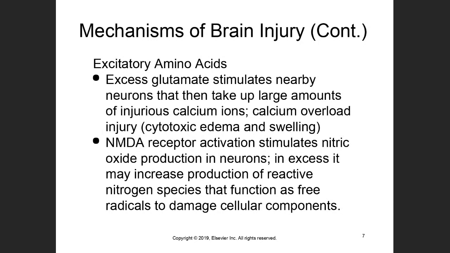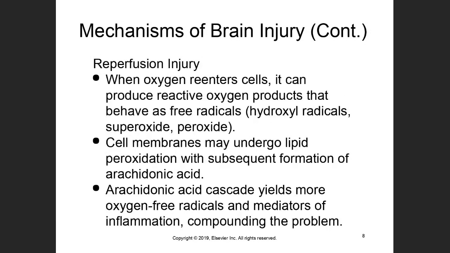In excess, it may increase production of reactive nitrogen species that function as free radicals to damage cellular components. This neurotransmitter causes damage not only in brain injury; there are also diseases in which the neurotransmitter produces a lot of damage.